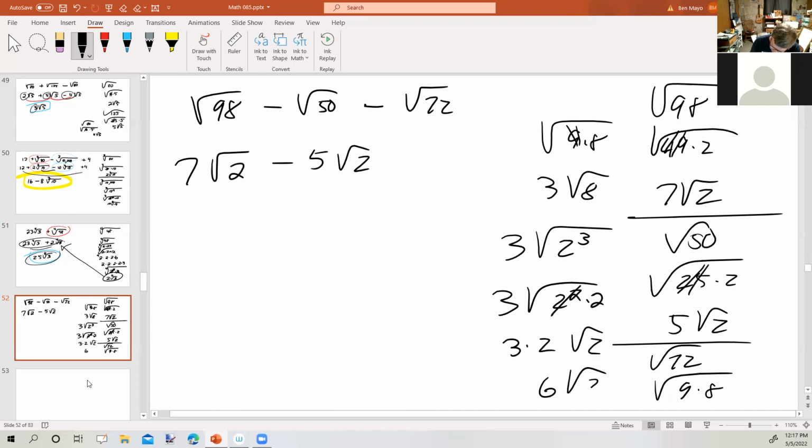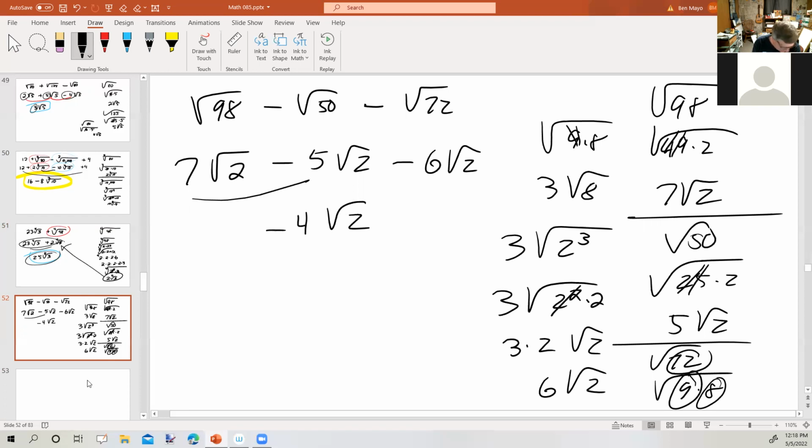So you get 6 square roots of 2. So actually the perfect square here would have been 36 if you saw it, but I found it the long way. It's like, okay, 9's a square, but 8 breaks down even further. 7 minus 5 is 2, minus 6 is negative 4 square roots of 2.